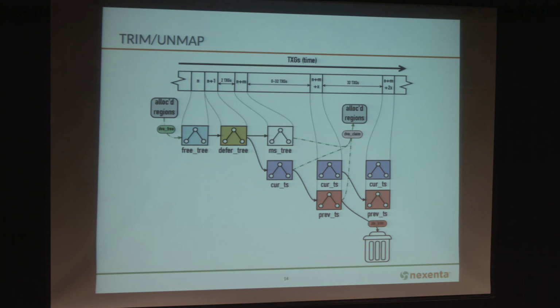So this is sort of a side-on view of how the thing works in time. Here we have a time axis that flows from left to right, and these are sort of individual transaction groups as a time representation. Initially, you start out with an allocated region, and somebody frees a location, called Metaslab DVA free.